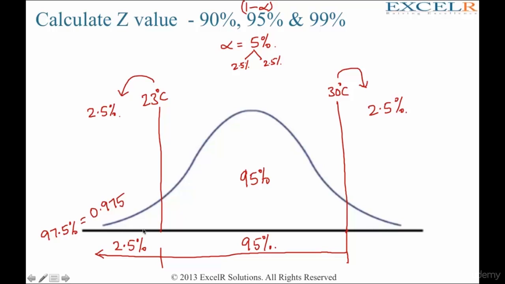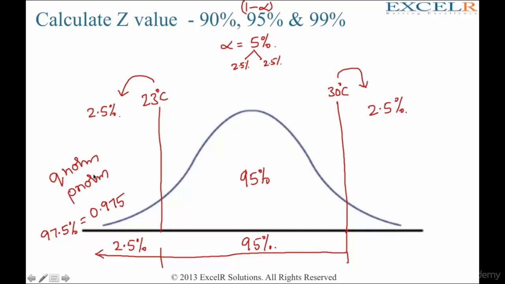Now we will try to solve this using R. Using R, the function is qnorm. In the previous tutorial, z value was provided to us, and then using z value we calculated the probability value using pnorm.